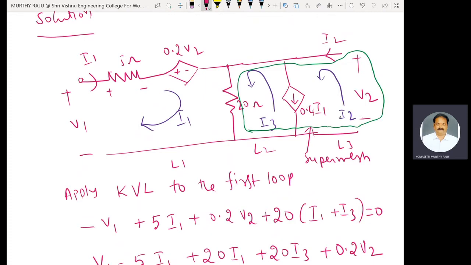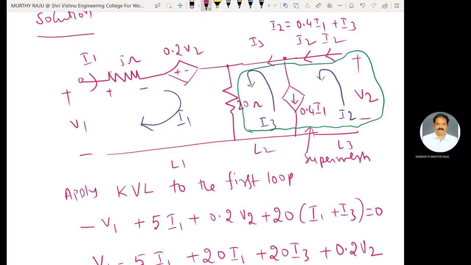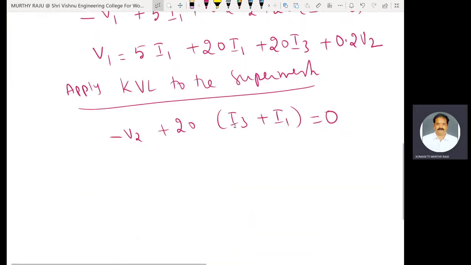One more important equation: here I2 is entering into this node. This one is I2 and I3 is leaving from this node and 0.4 I1 is away from that node. Therefore, I2 is equal to 0.4 I1 plus I3. This is another equation.